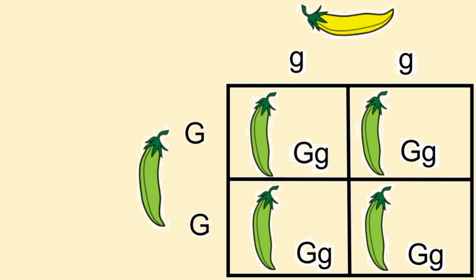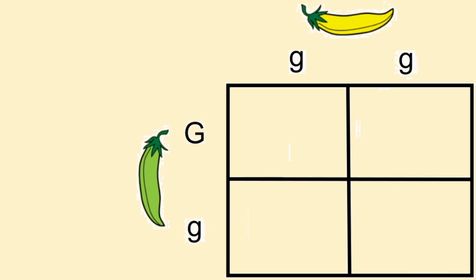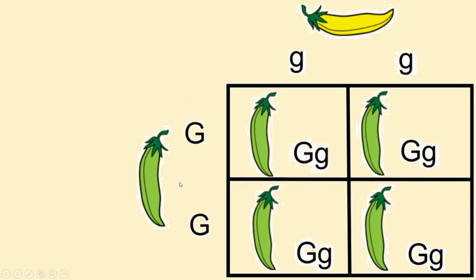So let's try a different pair of parents now. This is only slightly different. We've still got the yellow pea pod from before. Its alleles have not changed, but our green one now might be one of the ones that were produced in the previous generation. So last time we had all these big G, little g's produced.